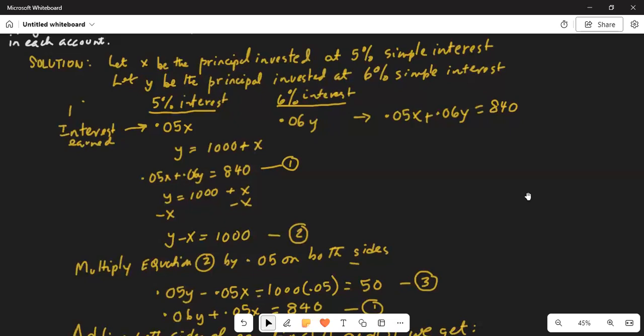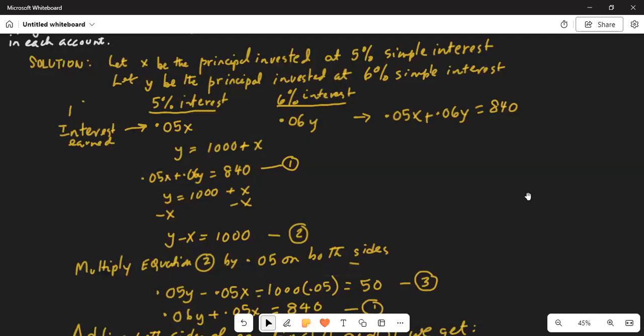We also know the amount invested at 6%, which is y, is 1000 more than the amount invested at 5% interest. So y is equal to 1000 plus x. So my first equation is 0.05x plus 0.06y is equal to 840. That is the interest.